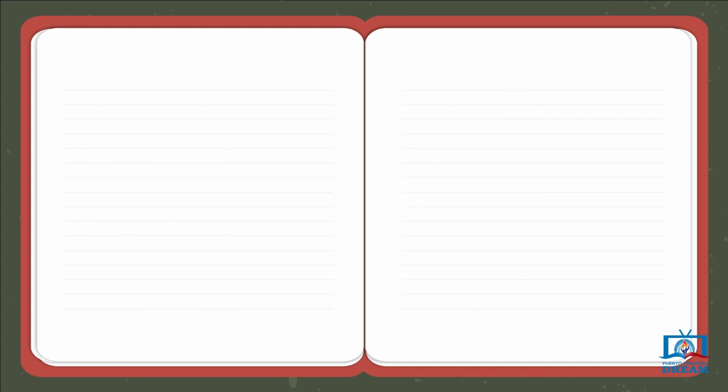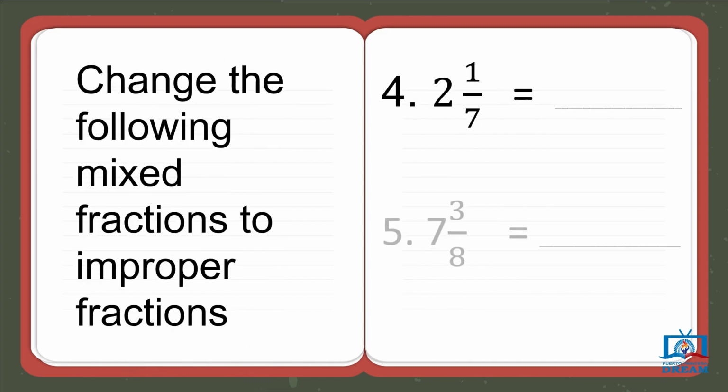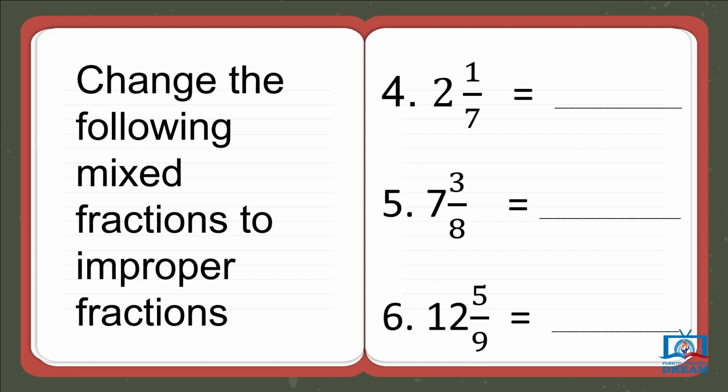For numbers 4 to 6, change the following mixed fractions to improper fractions. Number 4. 2 and 1 over 7 is equal to blank. Number 5. 7 and 3/8 is equal to blank. Number 6. 12 and 5 over 9 is equal to blank.